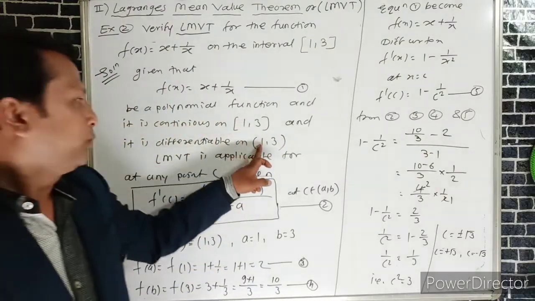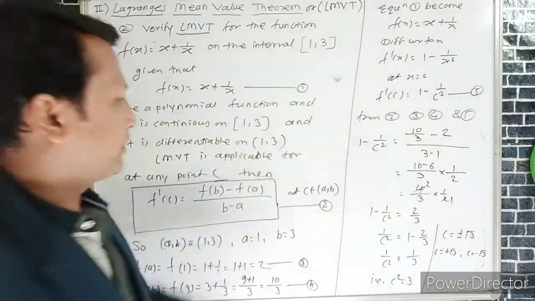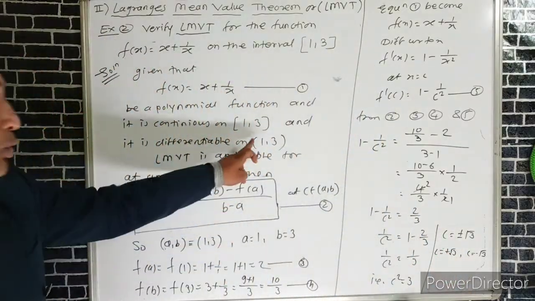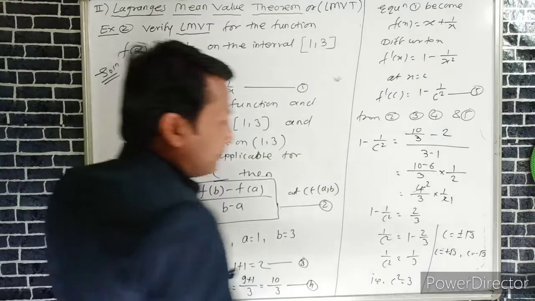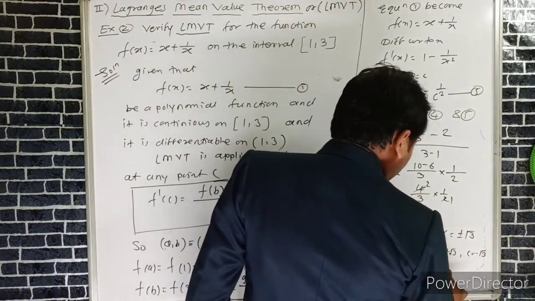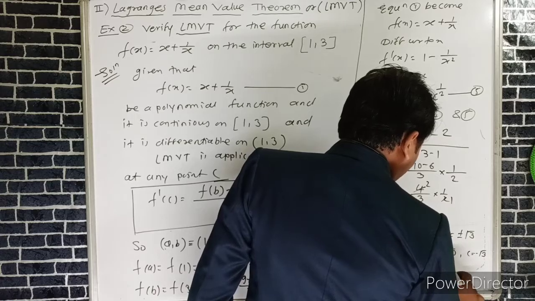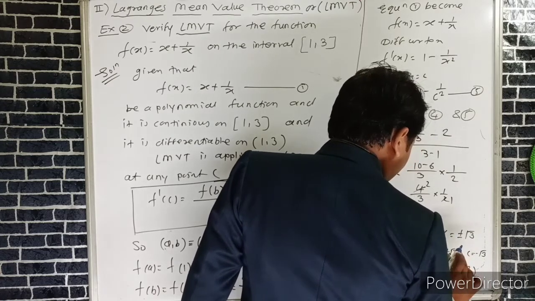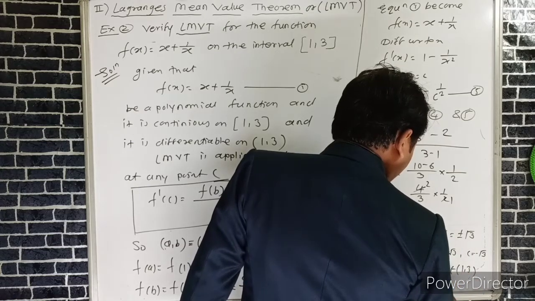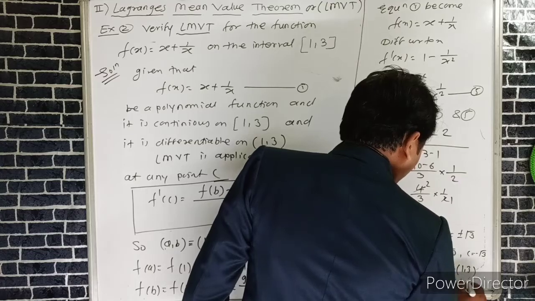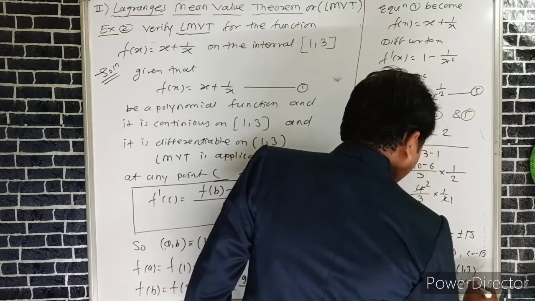Between 1 and 3, the positive number under root 3 belongs to (1, 3), but minus root 3 does not belong to (1, 3). Hence under root 3, which is c, belongs to (1, 3), but minus under root 3 does not belong to (1, 3).